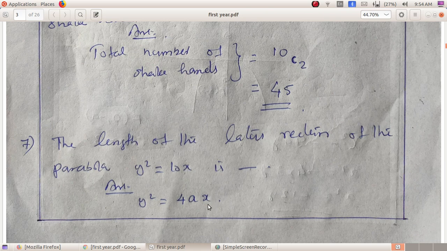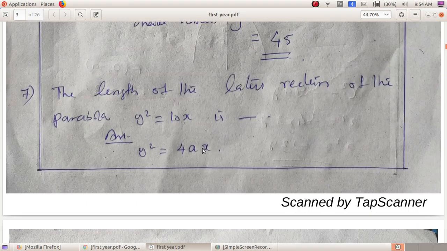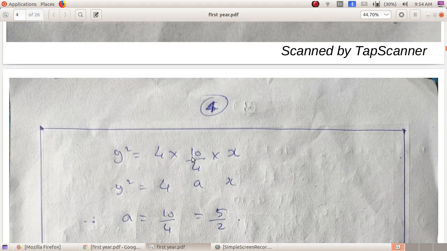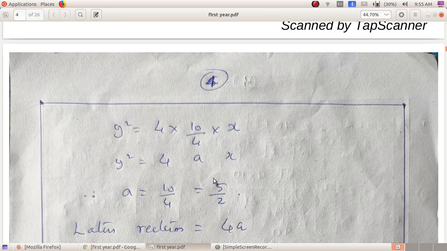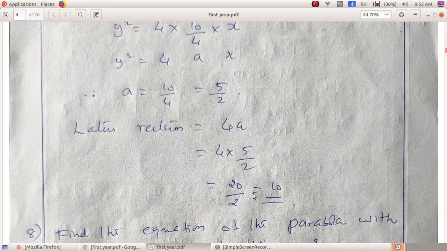Comparing, y square is equal to 4 into a into x with y square is equal to 10x, we get 4a is equal to 10. So a is 10 by 4, which on dividing is 5 by 2. The length of the latus rectum is 4a. 4 into a, where a is 5 by 2. 4 into 5 by 2 is 20 by 2, that is 10.